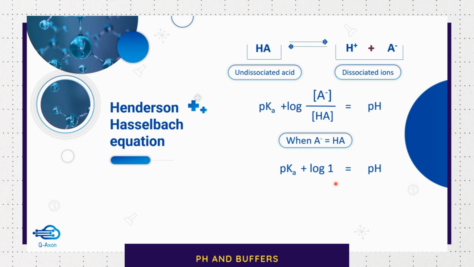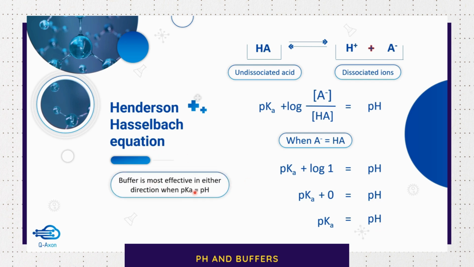And since log 1 is equal to 0, we can write the equation like this, or pKa is equal to pH. So in short, we can say that a buffer is most effective in either direction when the pKa of the buffer is equal to the pH of the solution in which it is acting. So is it true for physiological buffers?